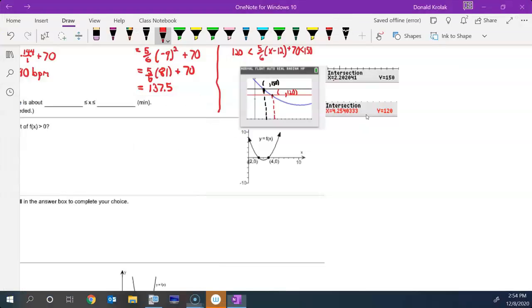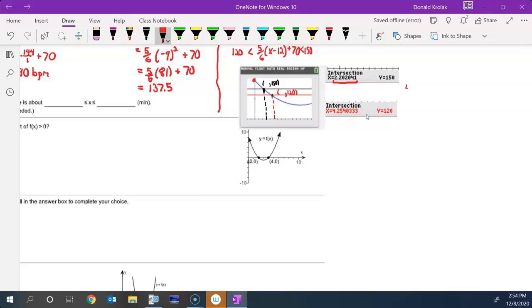So this is 2.2 minutes, remember, this is 0 minutes here. So after 2.2 minutes, your heart rate was at 150. Then from 2.2 to 4.25 minutes, your heart rate was somewhere between 150 and 120.